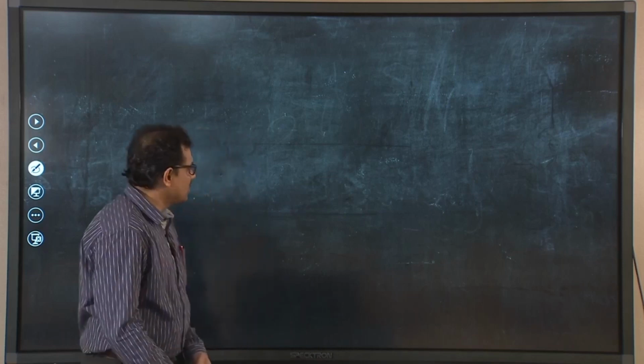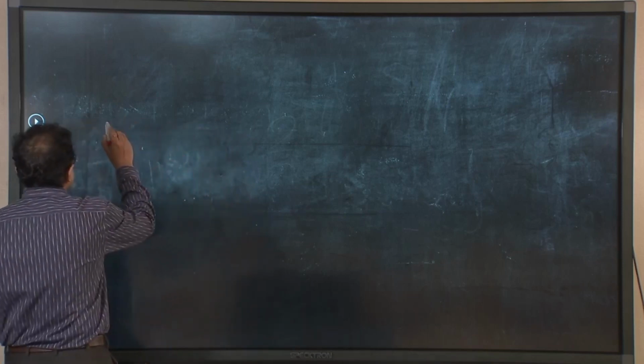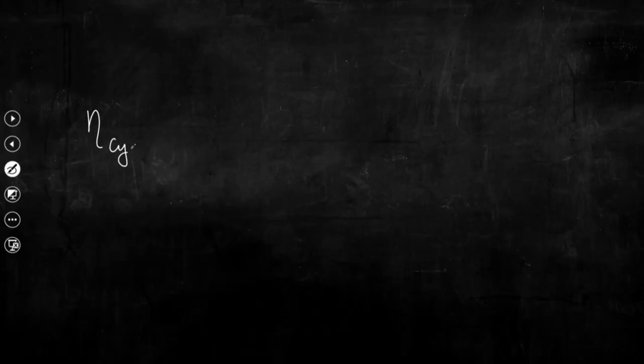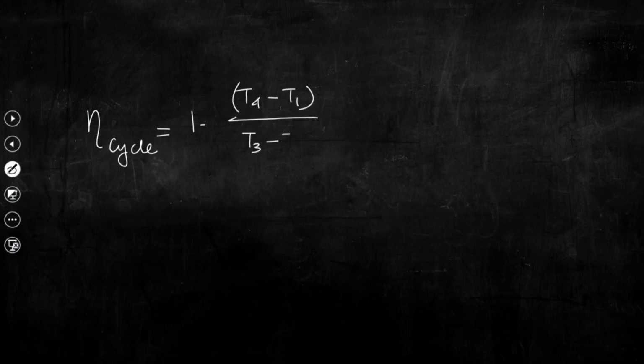If we recall the cycle efficiency that we established in the last class, that is 1 minus (T4 minus T1) divided by (T3 minus T2), this we could write in terms of pressure ratio as Rp power (gamma minus 1) by gamma, where Rp is the pressure ratio.